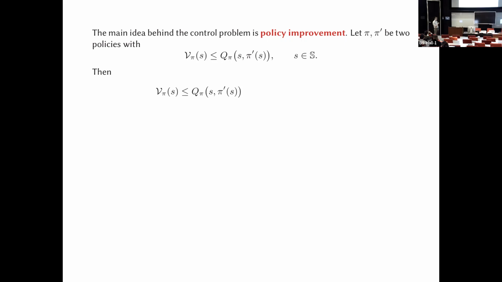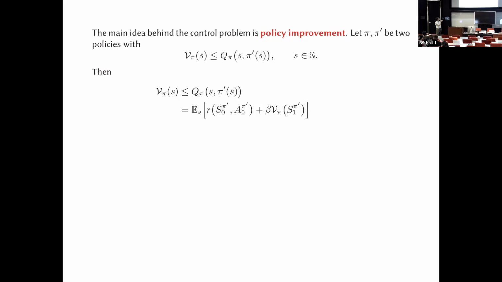And here's the proof. It's very simple. I start with that inequality. And now the right-hand side, I can write this using, again, one of these dynamic programming equalities. So what is it? Here I start in state S, and then my first action must be pi prime.